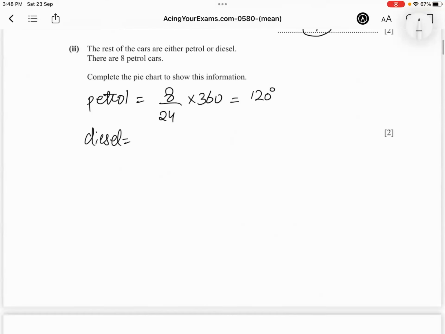So 75 out of 360 is diesel, times 24. Can you please check that out of 24, how many are diesel? There are only 5 cars which are diesel.